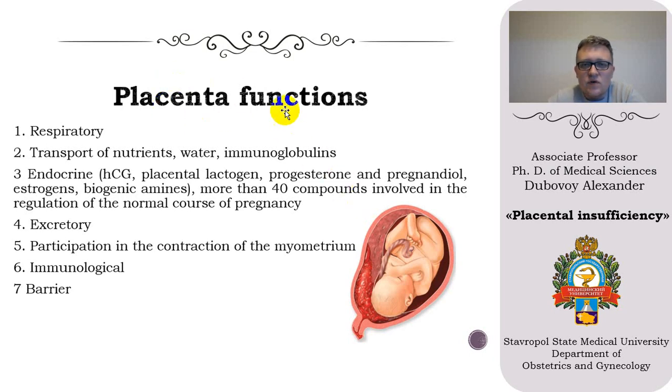Main functions of the placenta: first, respiratory; second, transport of nutrients, water, immunoglobulins; third, endocrine function: human chorionic gonadotropin, placental lactogen, progesterone, estrogens, more than 40 compounds involved in the regulation of the normal course of pregnancy; fourth, excretory function; fifth, participation in the contraction of the myometrium; immunological function, and barrier. Further in the lecture, I will tell you what is the clinical manifestation of these functions of the placenta.